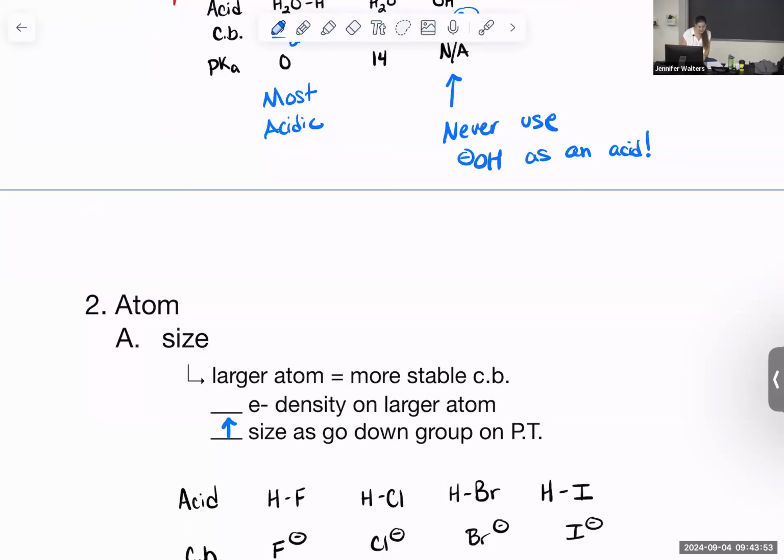The electron density on the larger atom will increase, but it's going to be spread out over a larger volume. Actually, so technically, I should say electron concentration. Concentration isn't a good word either. Number of electrons. We'll do it that way. The number of electrons are going to increase, but it's a larger atom, so it's going to be more stable.